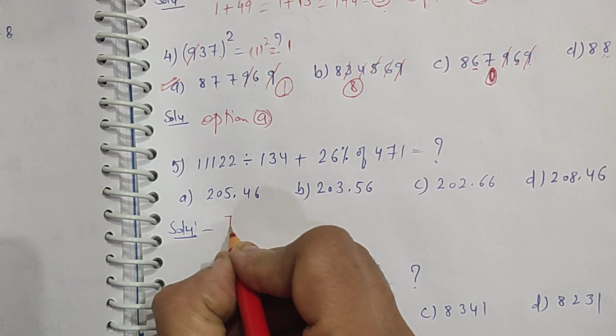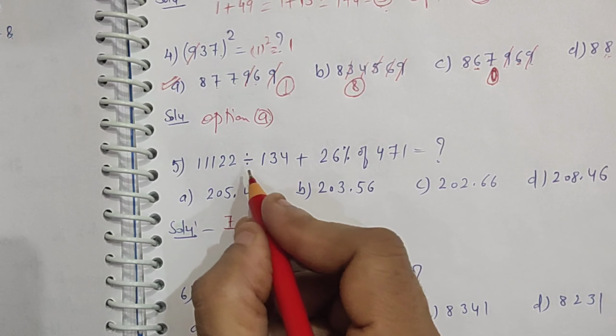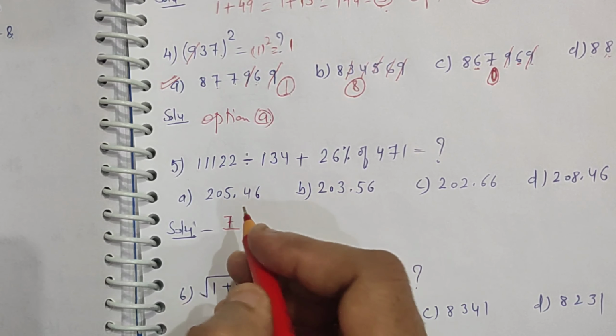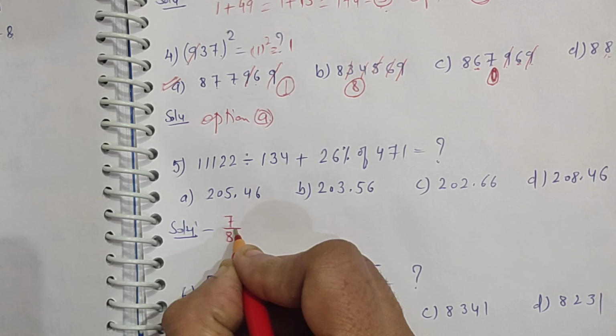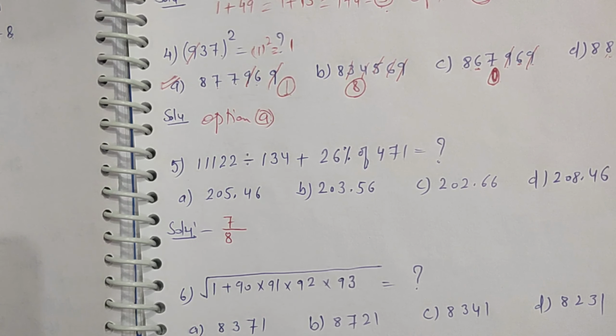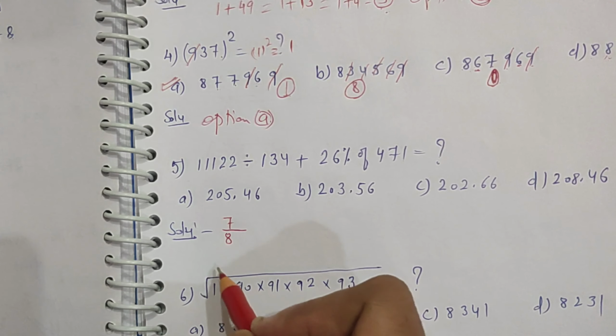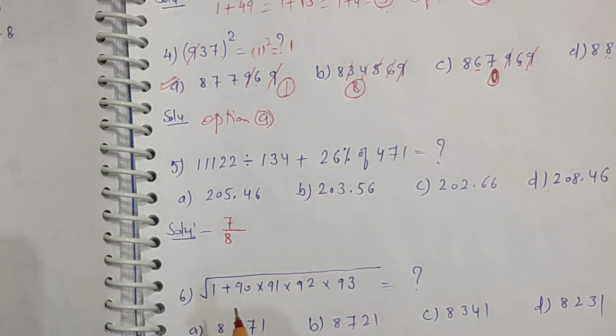So I can write here 7 upon, divided by means upon. So 4 plus 3, 7 plus 1, 8. Now let me tell you that whenever I am getting a fraction here, I must try to make the denominator as 1. Anyhow, it must be made as 1.